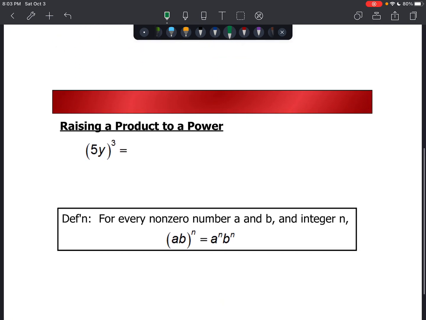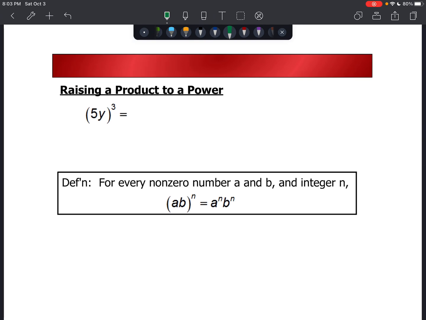Okay, what happens when we raise a product to a power? So 5y is a product of two factors. However, we can look at this as 5y times 5y times 5y. So all of 5y is multiplied by itself 3 times.